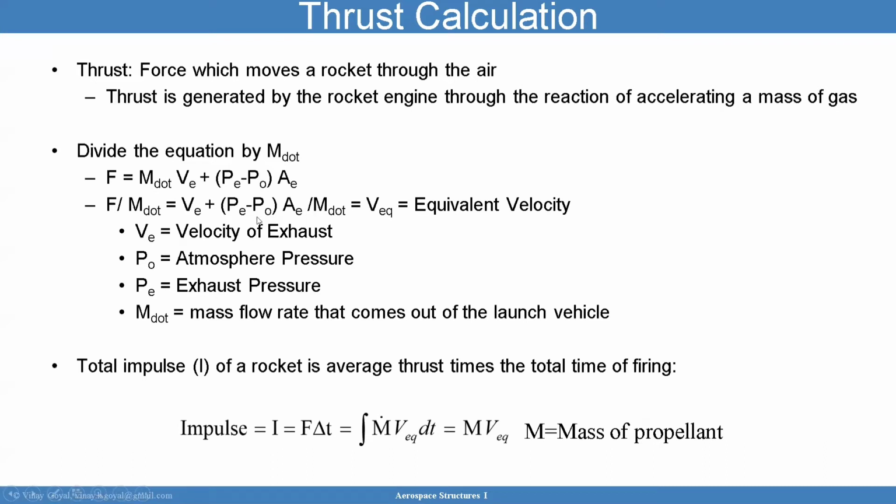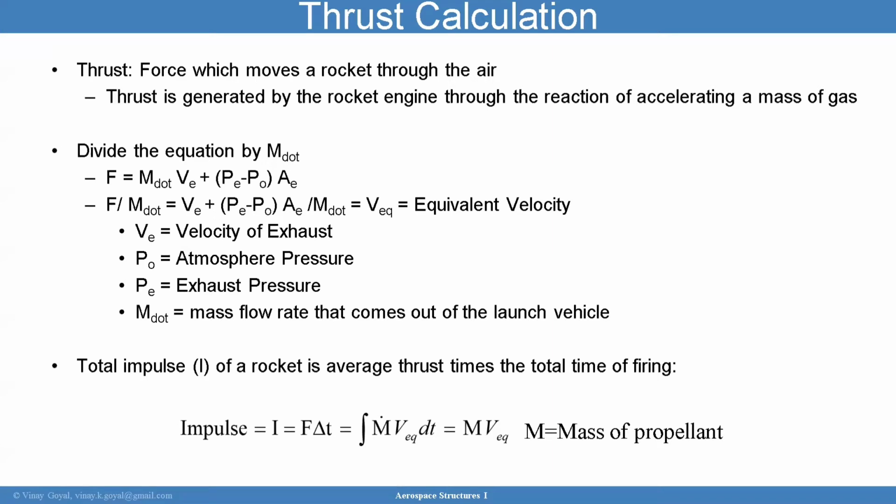So the equivalent velocity is going to be highly dependent on the velocity of the exhaust, and then how you design that exit plane area. The greater it is, the more velocity you have. And then m dot, the mass flow rate, becomes quite important to get right.